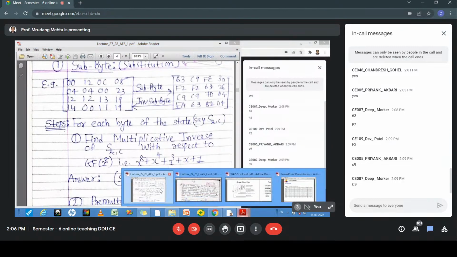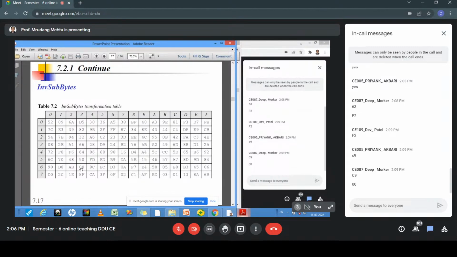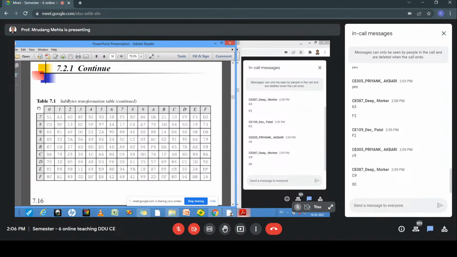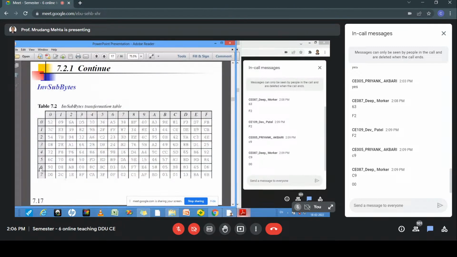But you have to look at the inverse substitution table, row 6, column 3. So what is the value? Zero zero. And what was the value at 00? 63. So when there is a 63, we have 00.